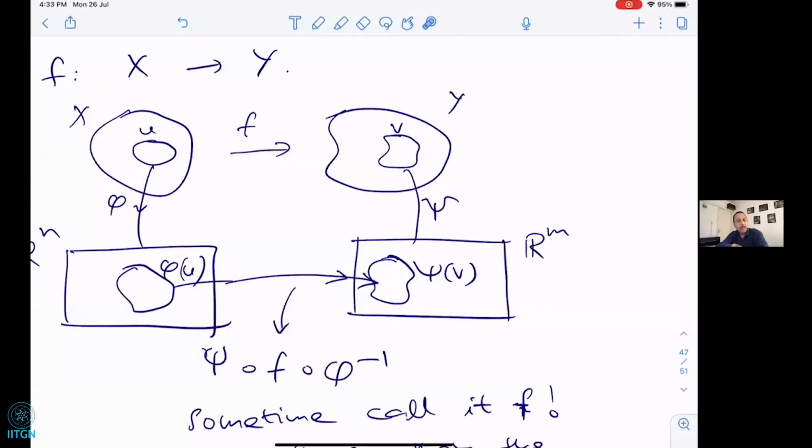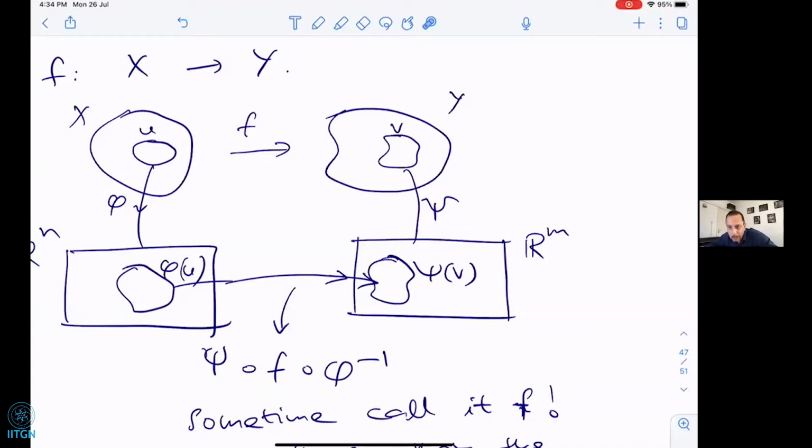So it's only given phi and psi that I can define this function to be differentiable if this function is differentiable. Now, if I were given different phi and psi, which are incompatible charts, then a different class of functions would be differentiable on the original manifold, namely the ones which these new phi and psi map to differentiable functions from Rn to R.